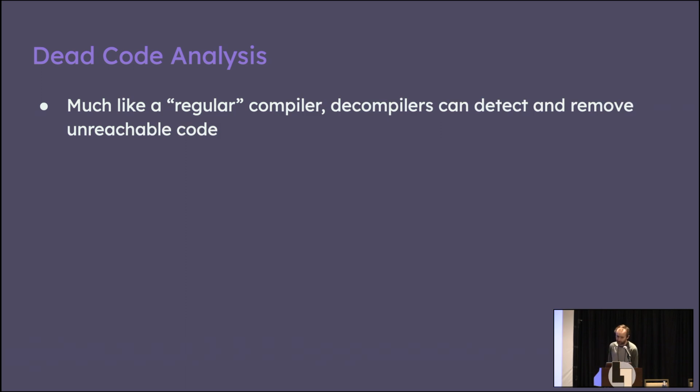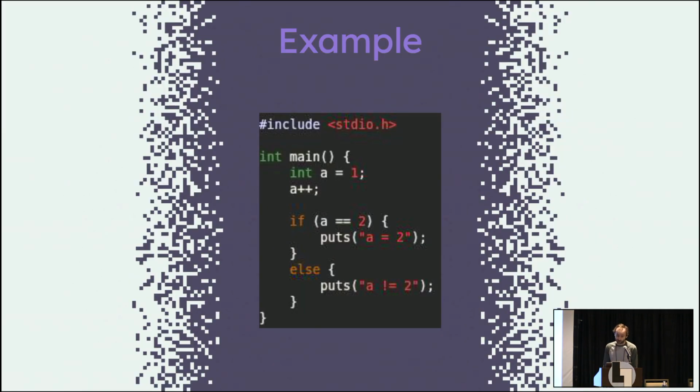This is another intersection of decompilers and regular compilers, but both of them can basically detect and remove unreachable code. To take another really dumb example, we've got this function where we have a variable named a, we assign it the value 1, we add 1 to it, and then we compare it to 2.